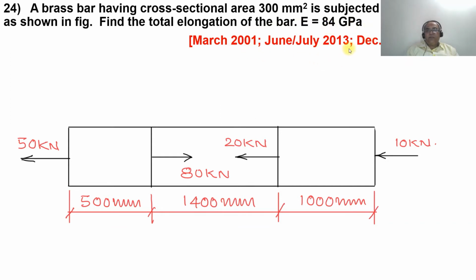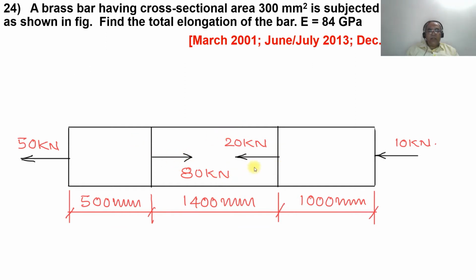So this has been asked several times in March 2001, June, July 2013, and January 2016. Here you can see there is a uniform cross-sectional area of 300 mm square, but you have three segments. In the first segment on the left-hand side it is going to be 50 kilonewton, and on the other end it will be 80 kilonewton towards the right side.